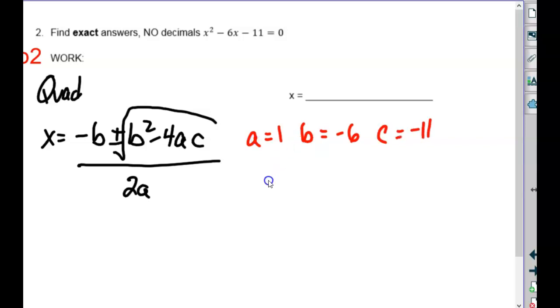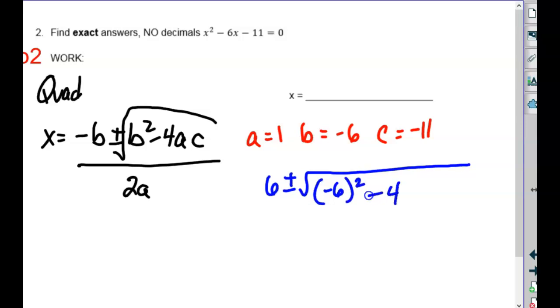So I have a +6 plus or minus the square root of -6 in parentheses with the squared on the outside, minus 4 times 1 times -11, which is going to turn this into a +44 plus 36. Is it 80, guys?